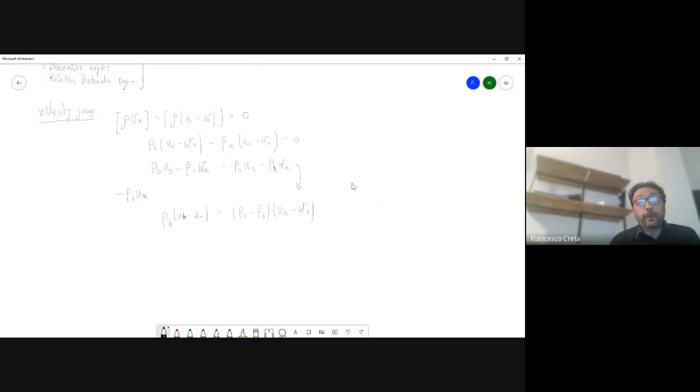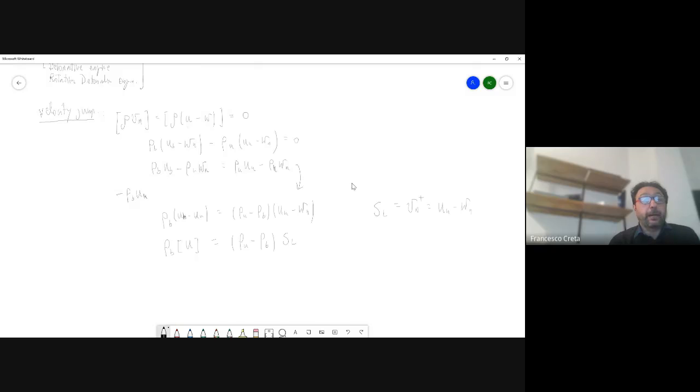And if you remember the definition of SL, which is VN, so it's essentially UU minus WN. What you have here is essentially the burnt density times the jump in velocity is equal to the difference in densities times SL.